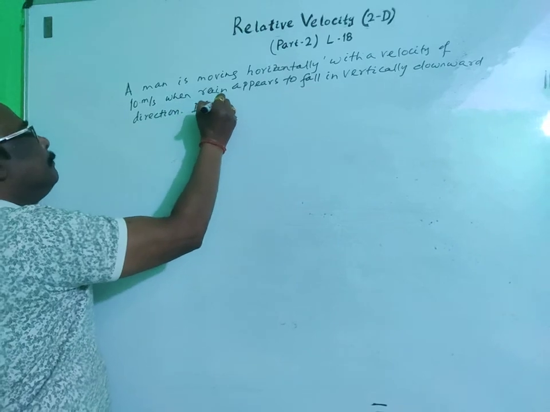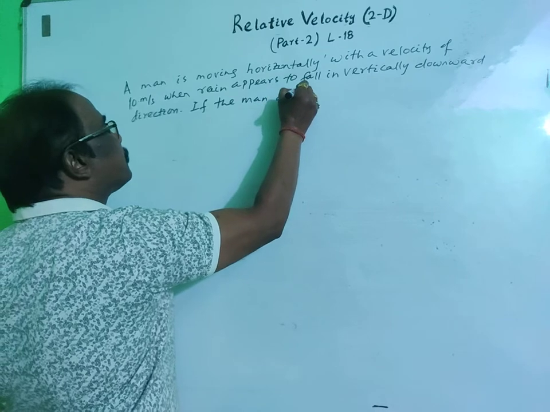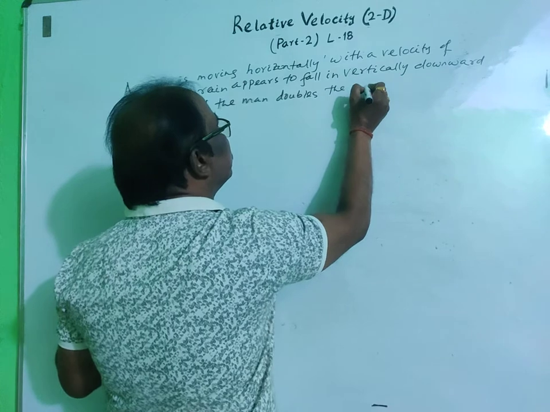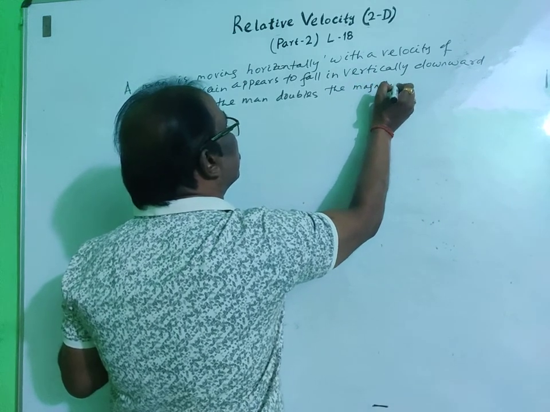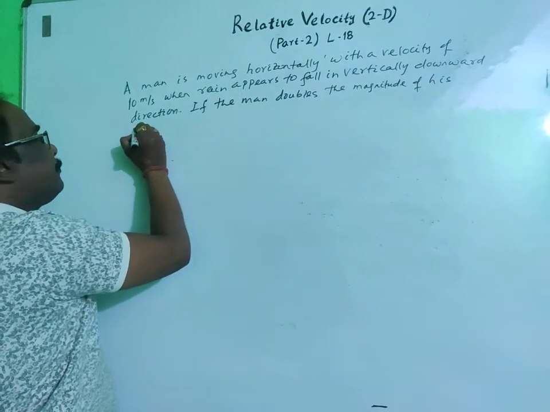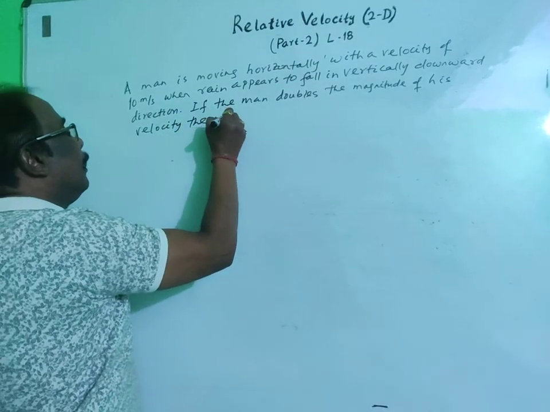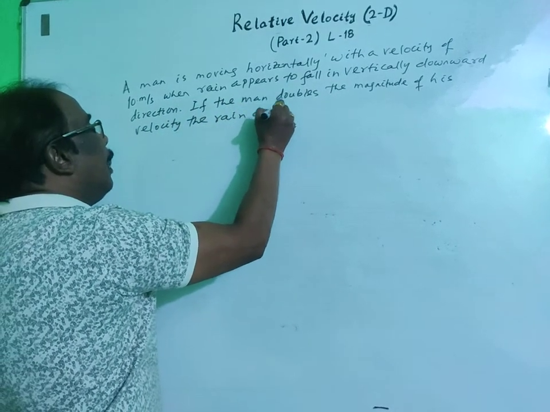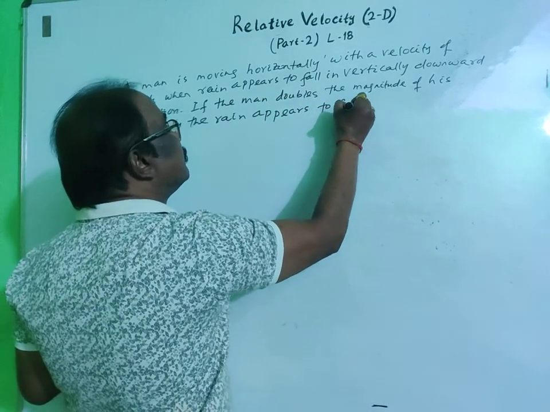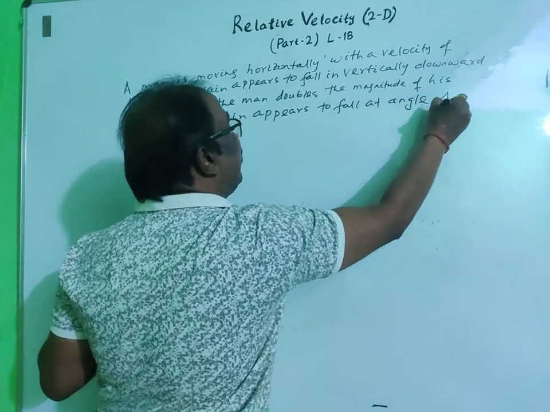If the man doubles the magnitude of his velocity, then rain appears to fall at an angle 45 degree.